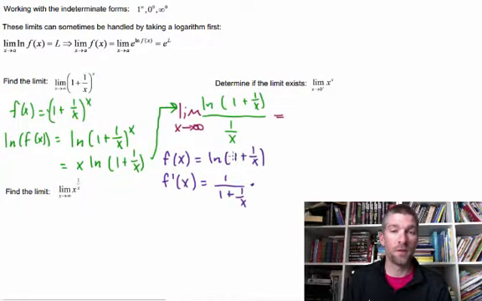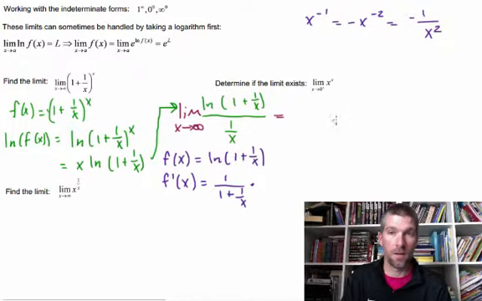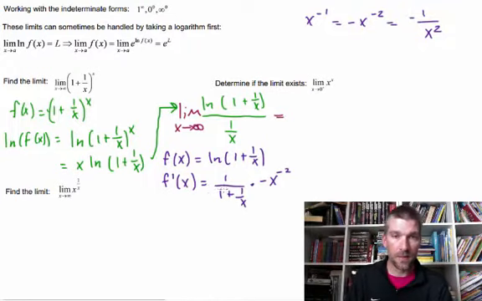Well, the derivative of 1 is 0. The derivative of 1 over x, let's just revisit that real quick, is negative 1 over x squared. The derivative of that is negative x to the negative 2, or negative 1 over x squared. Okay, so what I've got here though is times negative x to the negative 2.